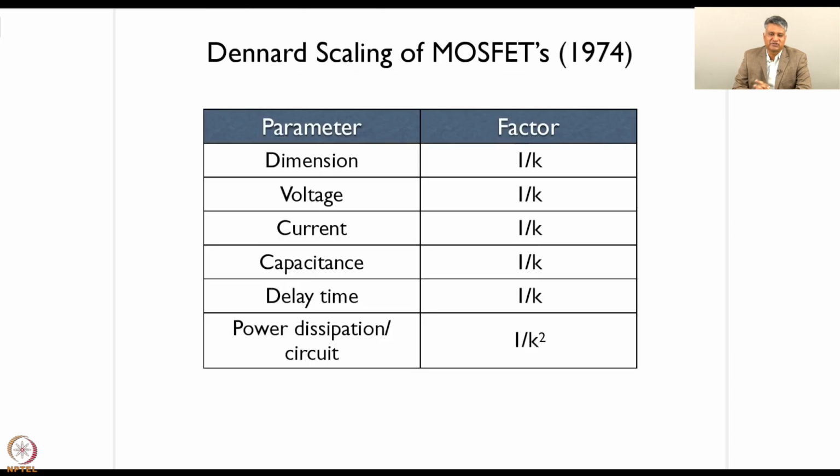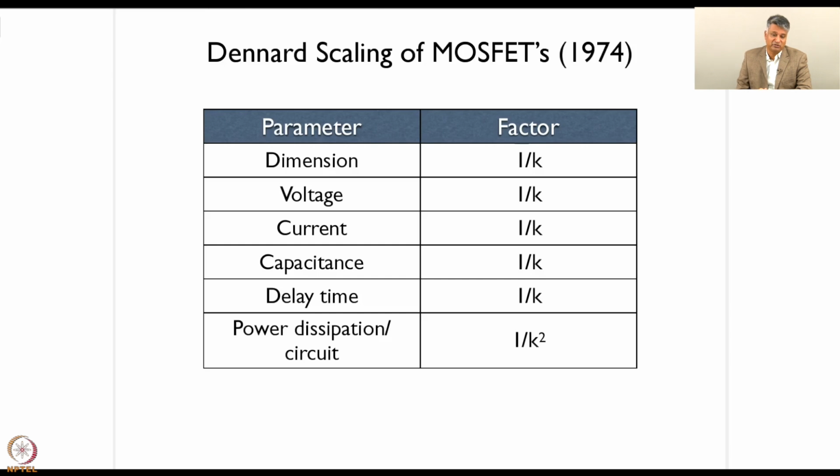So what happens? The other aspect of this is that when you are dropping the geometric size, or dropping the dimension, by a factor of k, you have to drop the voltage by a factor of k, the current by a factor of k, the capacitance by a factor of k, and the delay time, because it takes some time for these circuits to switch on and switch off, goes down by a factor of k.